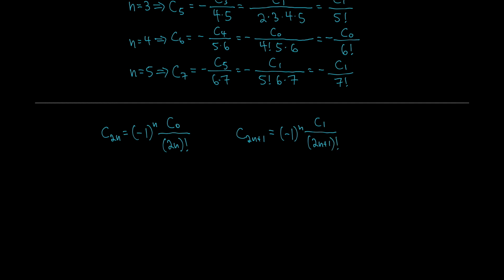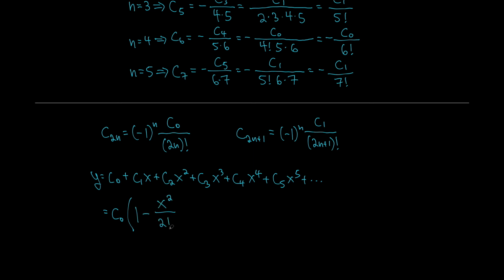So that means that we could write our solution y equals c0 plus c1x plus c2x squared plus c3x cubed plus c4x to the fourth plus c5x to the fifth, etc., as c0 times 1 minus x squared over 2 factorial plus x to the fourth over 4 factorial minus x to the sixth over 6 factorial, and so on, with a general term of negative 1 to the n, x to the 2n over 2n factorial, and so on.